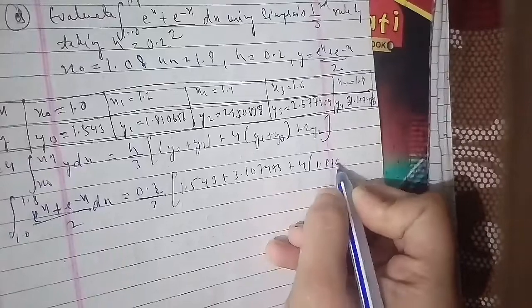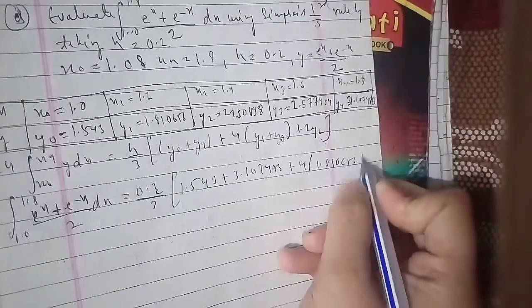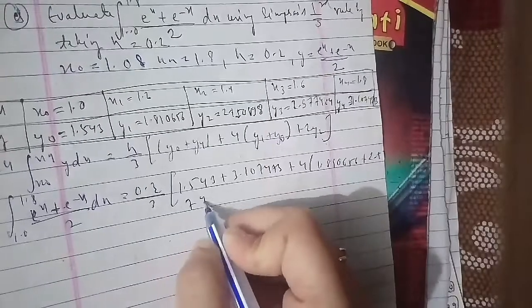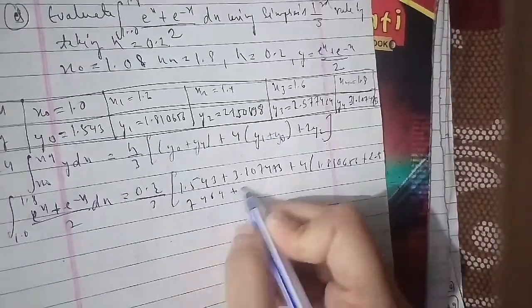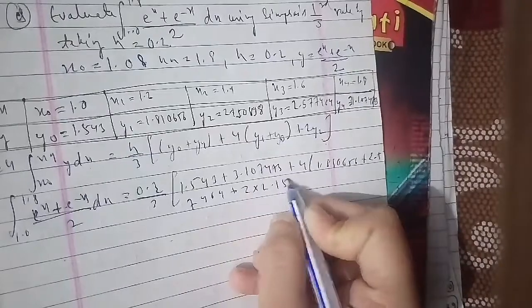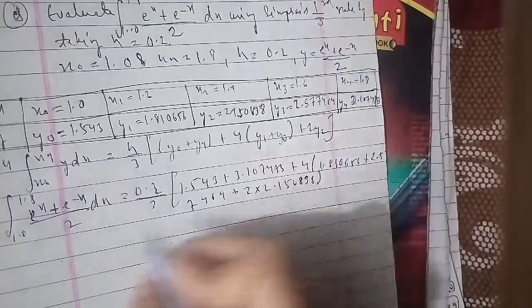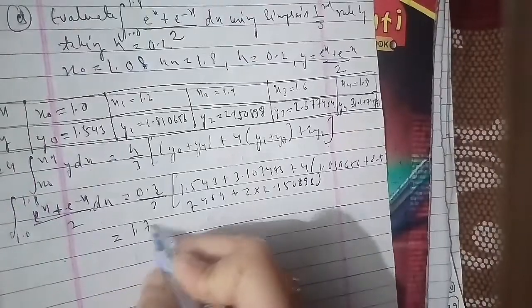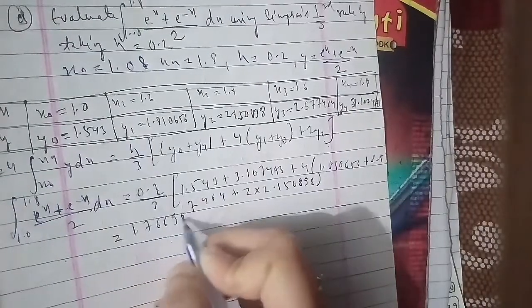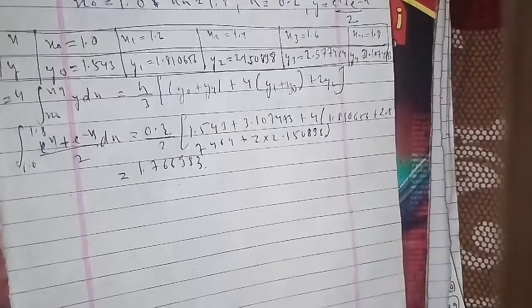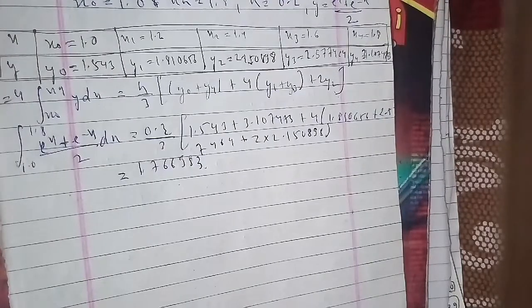So we go further here. Evaluate the integral from 0 to 3 pi by 20 of (1 plus 2 sin x) dx using Simpson 1/3 rule.